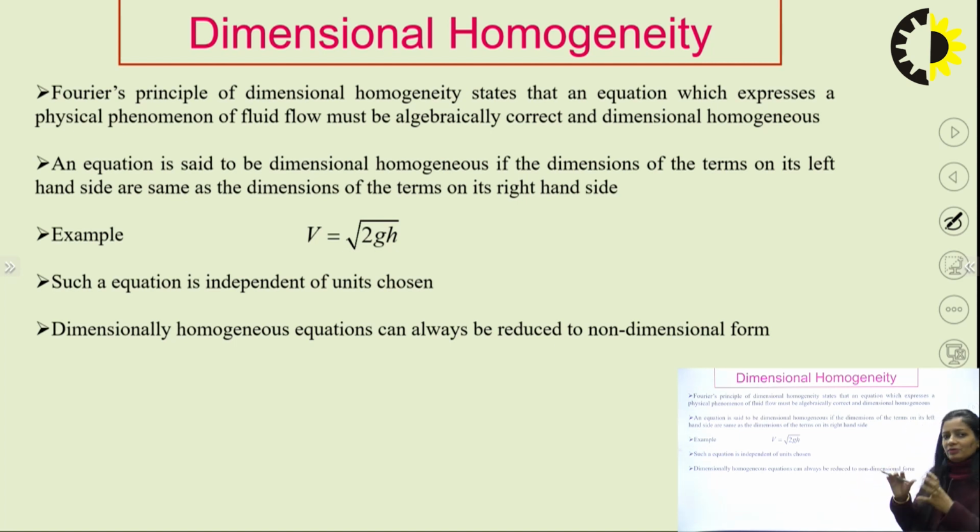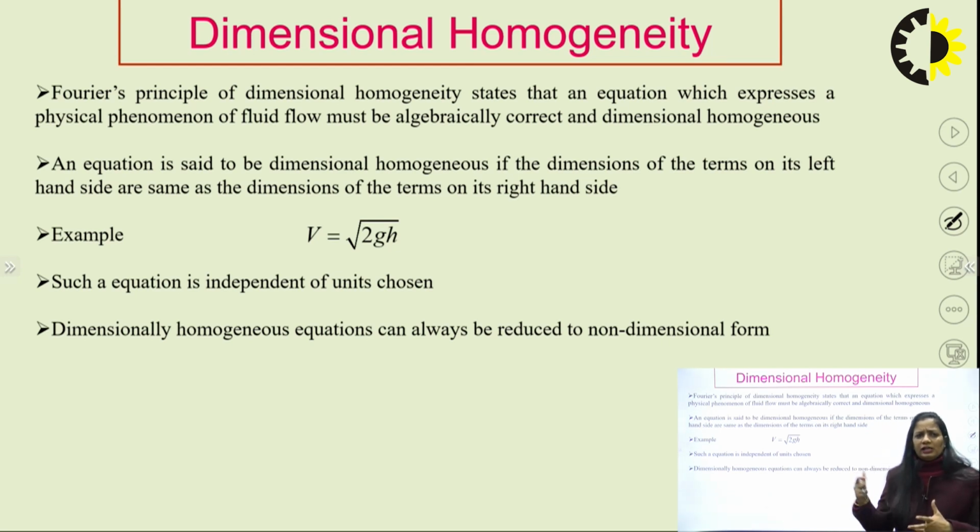Dimensionally homogeneous simply means that for any particular equation, the dimension of the LHS must be equal to the dimension of the RHS. An equation is said to be dimensionally homogeneous if the dimensions of the terms on its left hand side are the same as the dimensions of the terms on its right hand side.